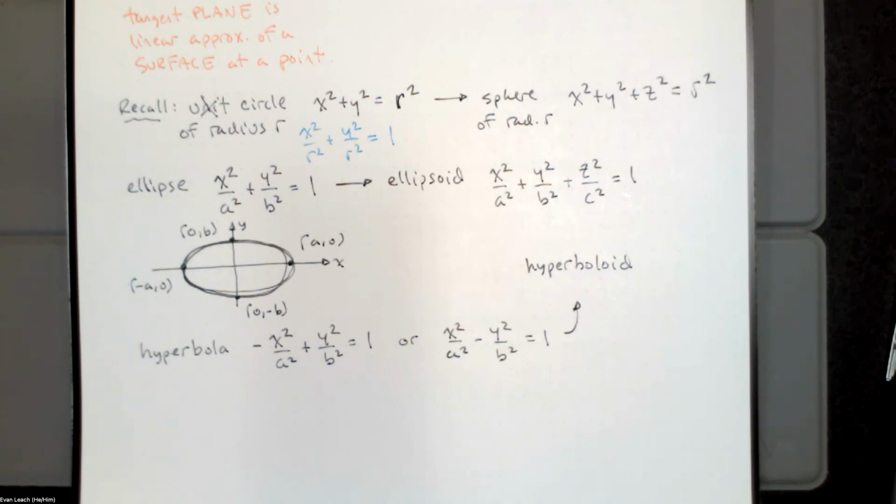Hyperboloids are going to come in two varieties. Notice I didn't draw a hyperbola and I didn't draw a hyperboloid for reasons. To draw an ellipse, it's easy. I just try to draw a circle. It comes out all squashed and it's an ellipse anyway. Hyperbolas look very different. Hyperboloids come in two different varieties. We can have a hyperboloid in one sheet.